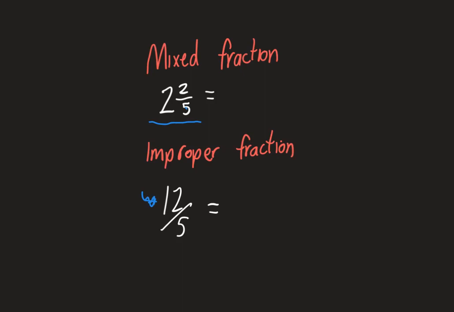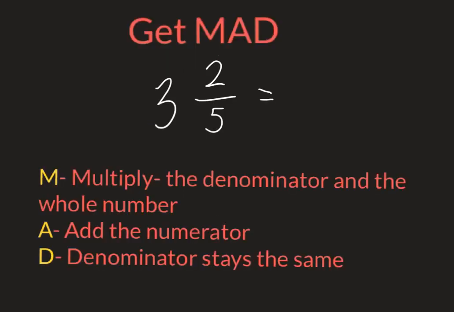So let's look at how you solve a mixed fraction. Get MAD. Okay, I found this online, and I think it's actually quite a useful strategy. So GET MAD stands for multiply the denominator and the whole number, and then add on the numerator, and the denominator always stays the same.